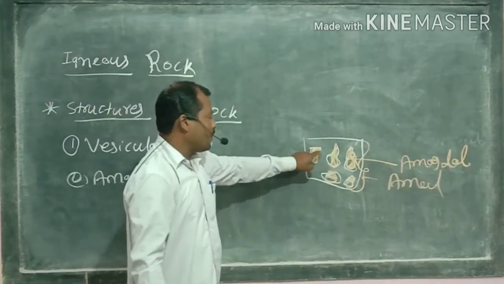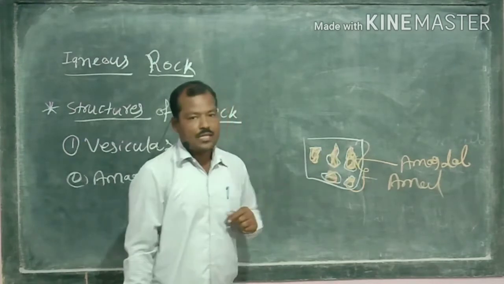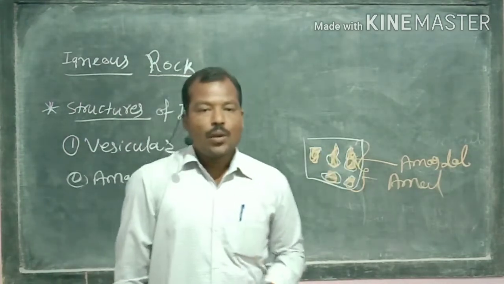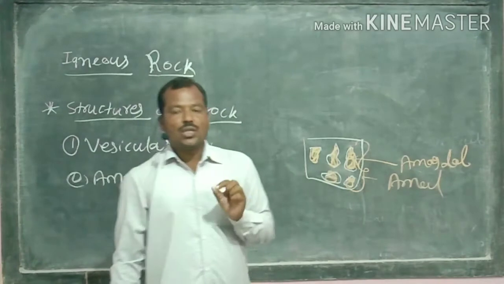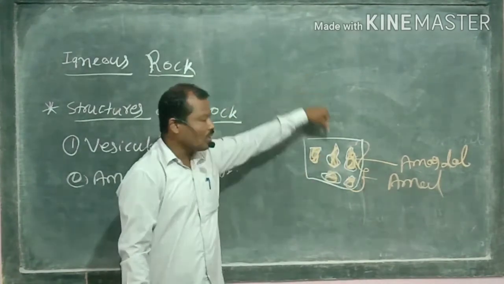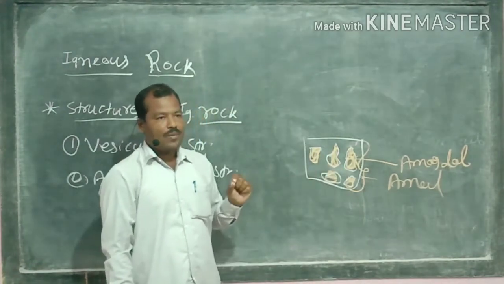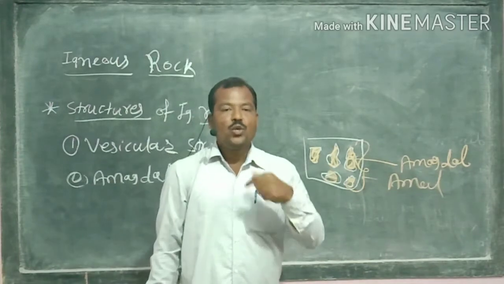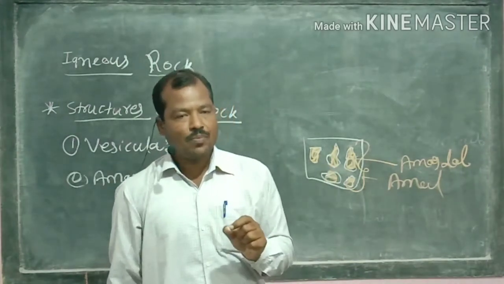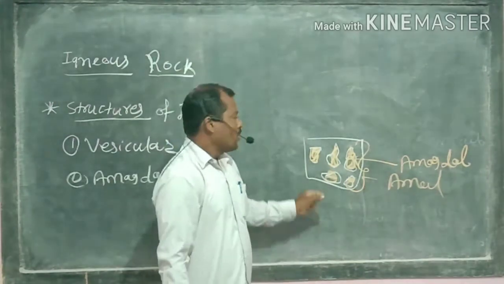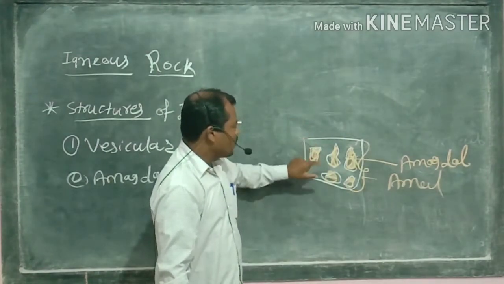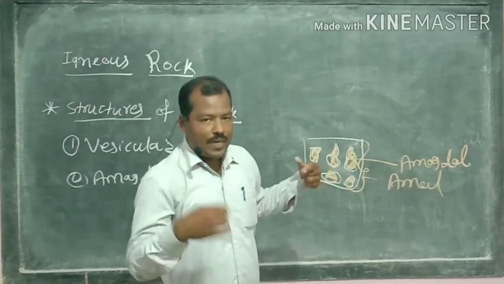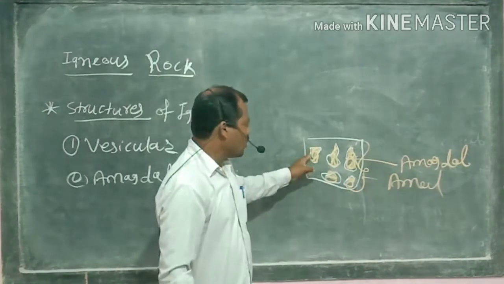How can secondary minerals fill these gas cavities or vesicles? Because of the percolation of water within the rock mass. At that time, that water contains a numerous amount of elements. Those elements are stopped in these vesicles after precipitation of the water.